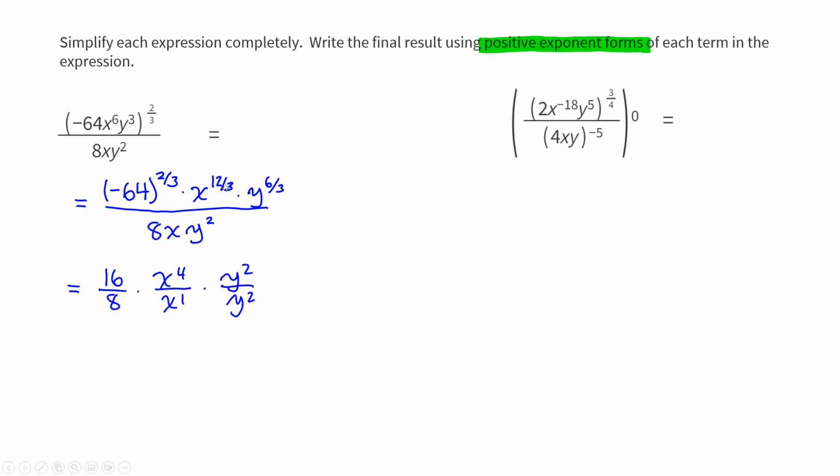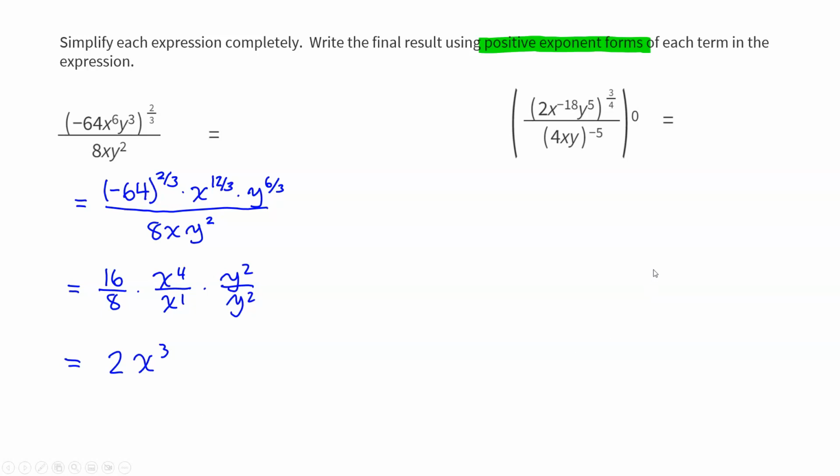The 12 divided by 3 becomes an exponent of 4, so you have x to the 4th divided by x to the 1st, because that's what x is raised to here. And y to the 6 over 3, 6 over 3 is 2, so you have y squared over y squared. 16 divided by 8 is 2. These y's are going to cancel, and when you divide the x's, you're going to subtract the exponents to get x cubed. So you're going to have 2x cubed being the final answer for this in simplified form.